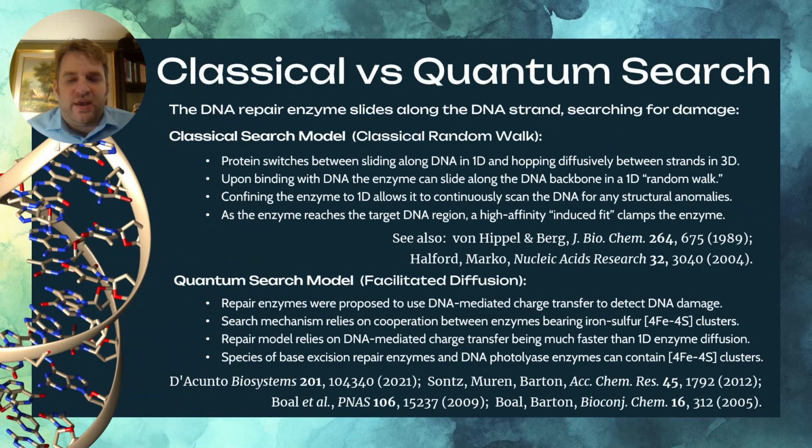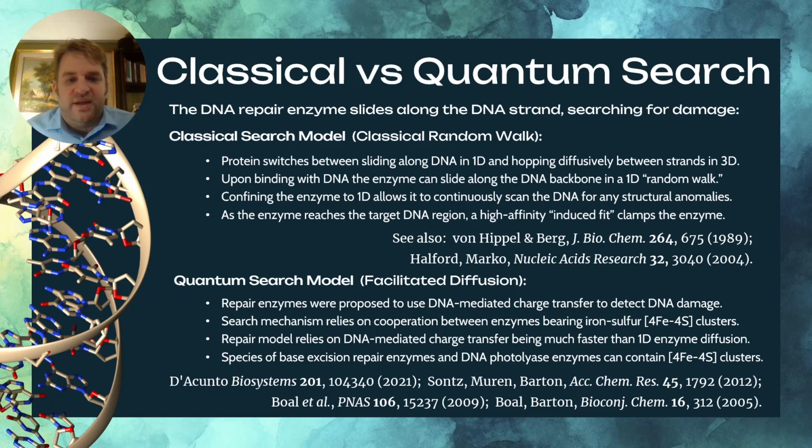Now, if we look at this process, as the DNA repair enzyme slides along the strand, the search for damage is understood to take the form of a classical search model, which is a classical random walk.